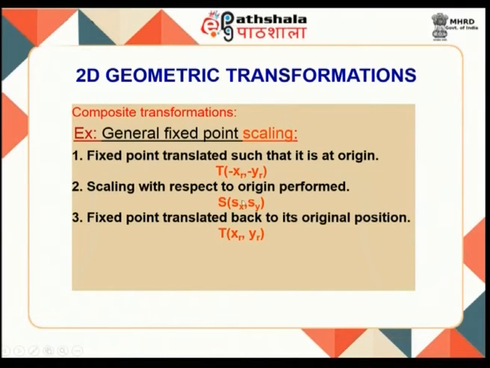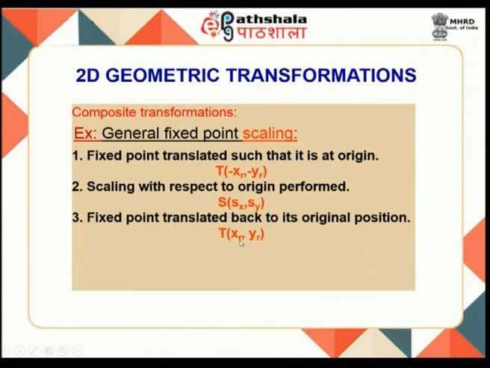If we write the notation for this, the first step is T(minus xr, minus yr), the second step is scaling S(sx, sy), the third step is T(xr, yr). That is our xf, yf; xr, yr both mean the same here, just a notation.